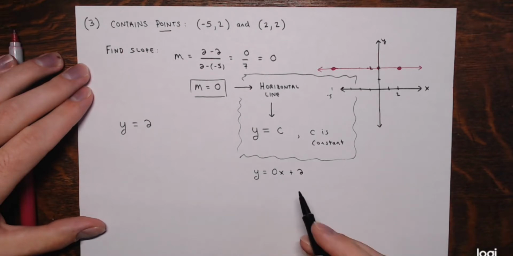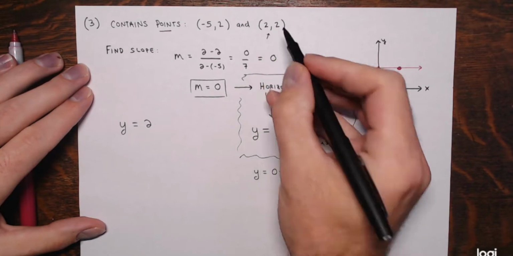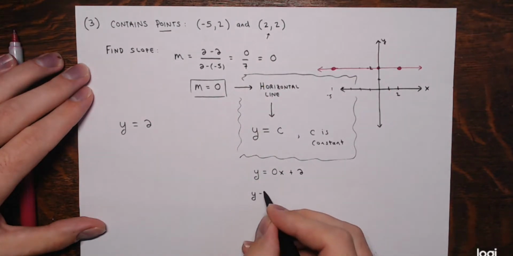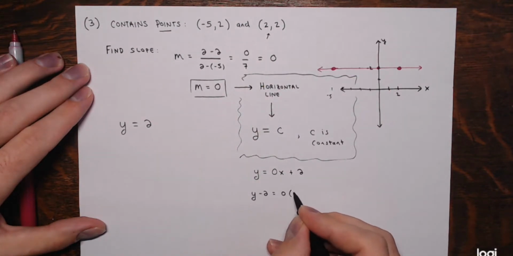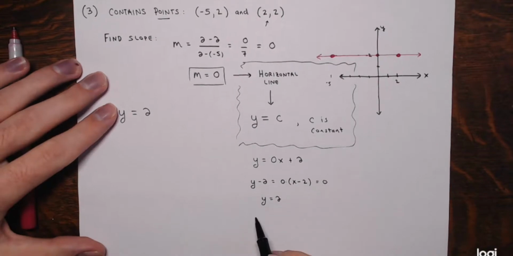If you wanted point slope form, let's say I just pick this point here, 2, 2. You'd go y minus 2 equals 0 times x minus 2. But you see how the right side is just 0. And then I would add 2, get y equals 2. And if you want standard form, you'd have 0x plus y equals 2.